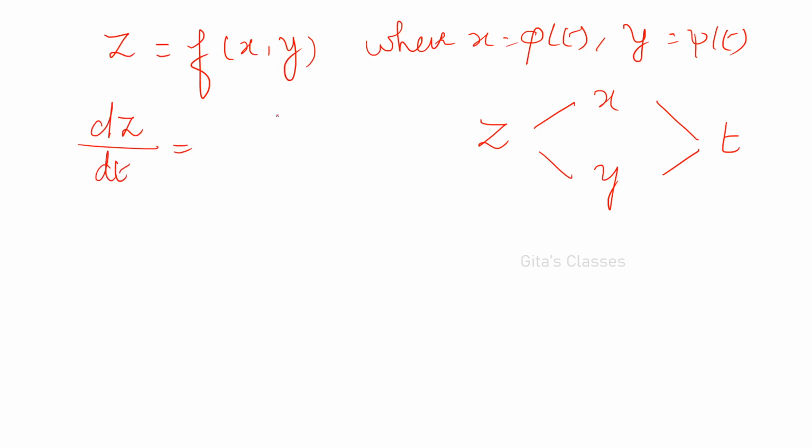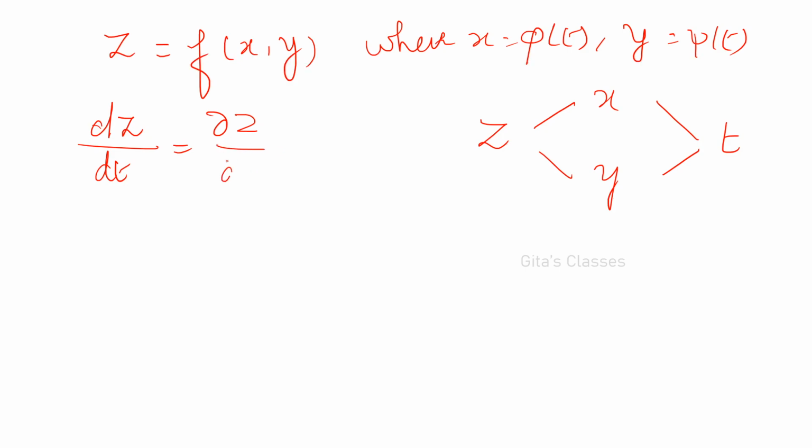This is total differentiation. But you won't be able to differentiate directly with respect to t, because z is a function of x and y, and x and y are in turn functions of t. So what can you do? Differentiate z with respect to x, then differentiate x with respect to t, and differentiate z with respect to y, then differentiate y with respect to t. Now z is a function of two variables, therefore dou, partial differentiation.